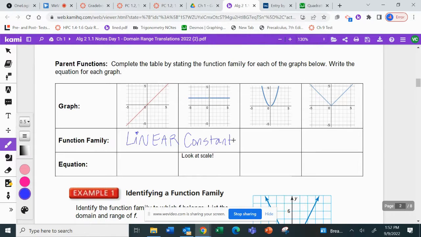Then we've got this U shape. That is quadratic. The absolute value makes a V. So absolute value is this last one. There, I drew an absolute value V for my V.